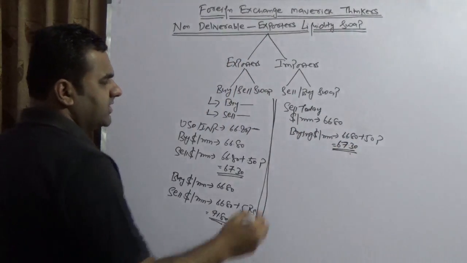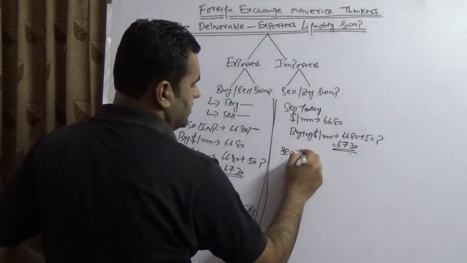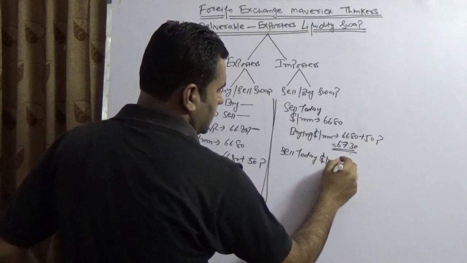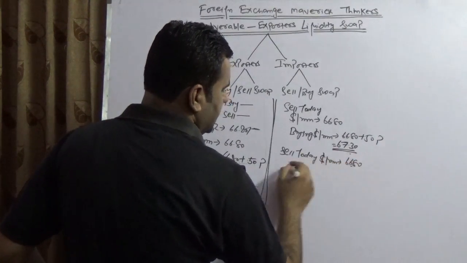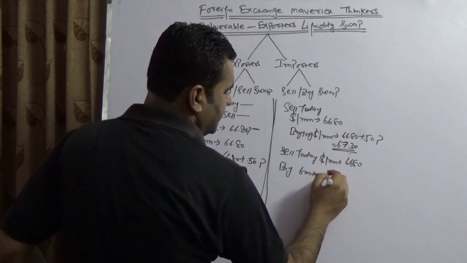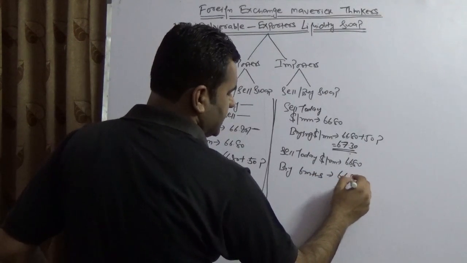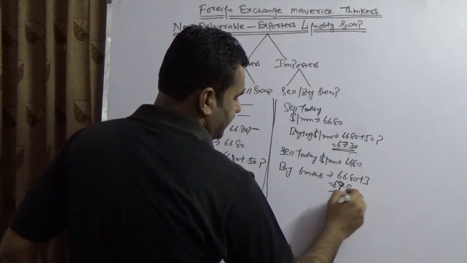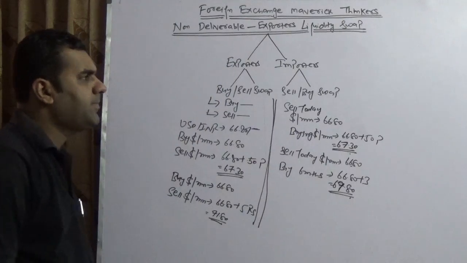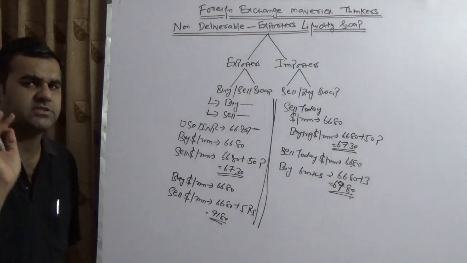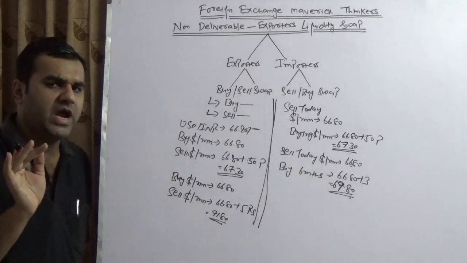Take another example: you are selling today 1 million at 66.80, you are buying 6 months forward, assuming the premium is 3 rupees, 66.80 plus 3, which is 69.80.